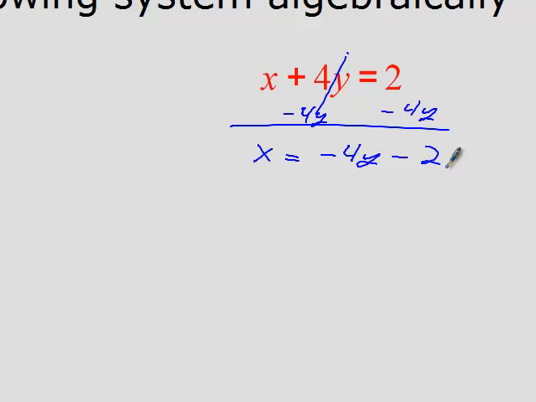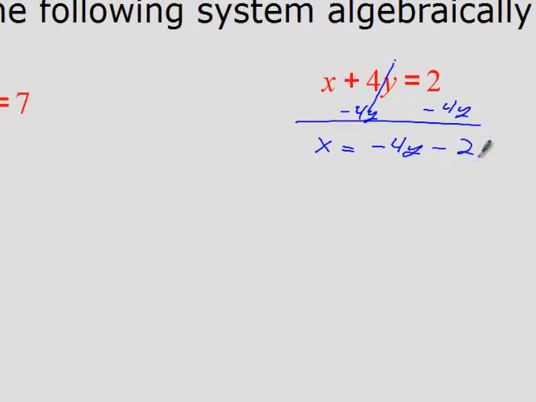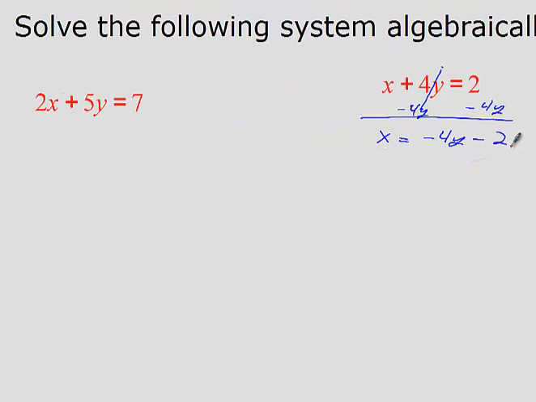Okay, now remember, I can only solve for one variable at a time. So as long as this equation has two variables, I'm kind of stuck, right? But if x is equal to negative 4y minus 2, what do you think I can do with this statement now? I can plug it back into the other equation, the one I haven't used yet. So I'm going to take my x, and I'm going to substitute in the statement from the right side.